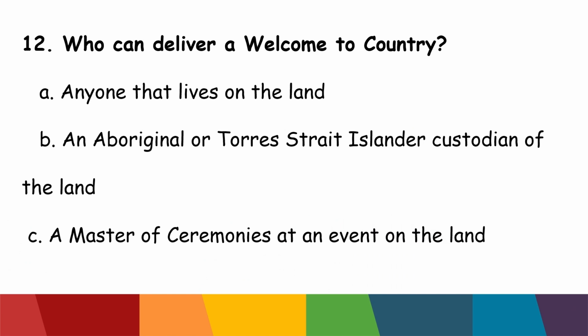Question 12. Who can deliver a welcome to country? A, anyone that lives on the land. B, an Aboriginal or Torres Strait Islander custodian of the land. C, a master of ceremonies at an event on the land.